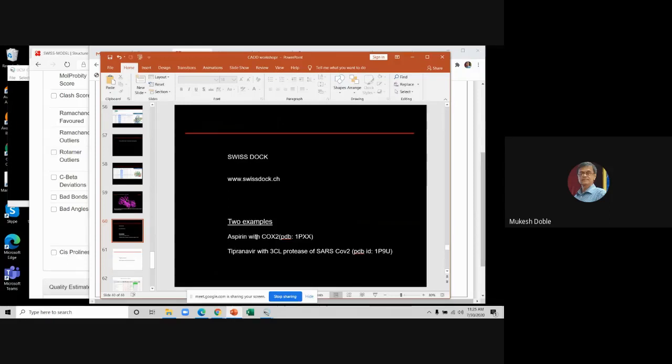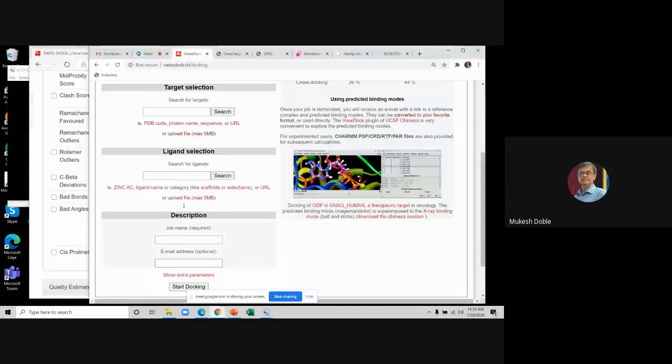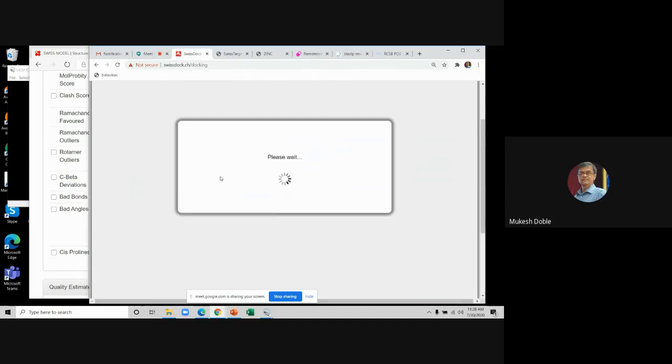So I'm running aspirin with the cyclooxygenase 2 enzyme. Again, this is an inflammatory target. 1PXX is the protein in the Protein Data Bank. So that is cyclooxygenase 2, and I'm going to run aspirin with it using SwissDock. Here I give the target, 1PXX, search.